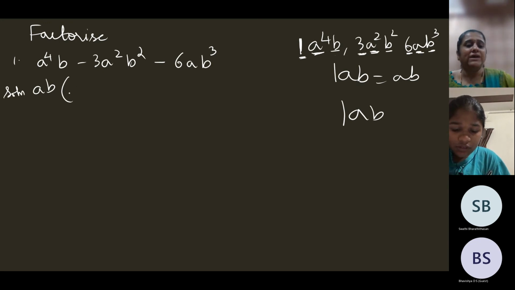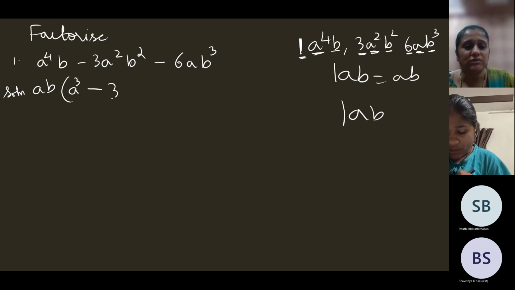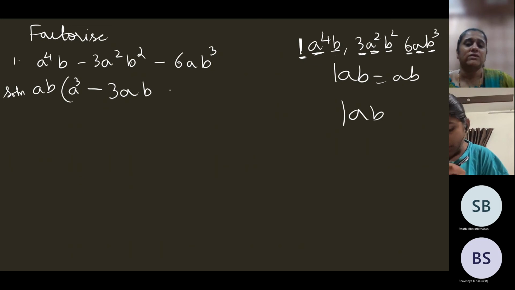Then ab into what will give you a to the power 4b? a into a cubed is a to the power 4, and there is already b outside, so you don't have to write anything. Minus, you need to get 3a square b square, so you write 3. There is a there, so a into a is a square, and outside there's a b, so b into b is b square.